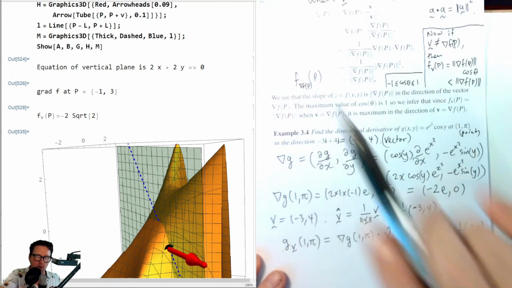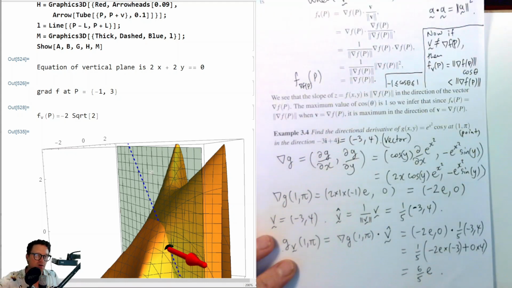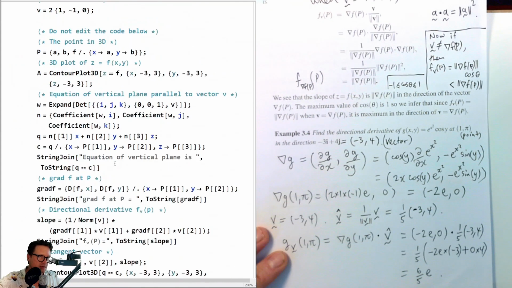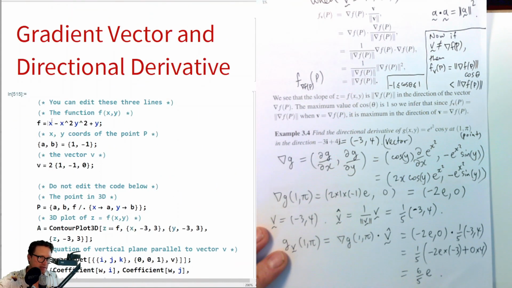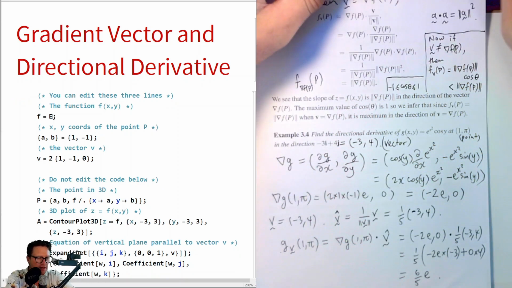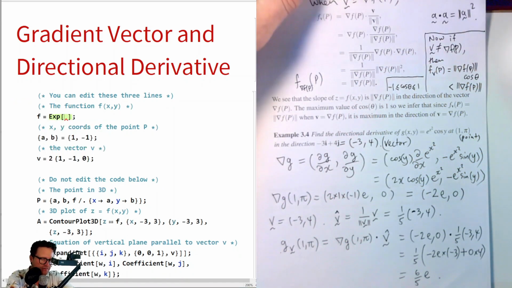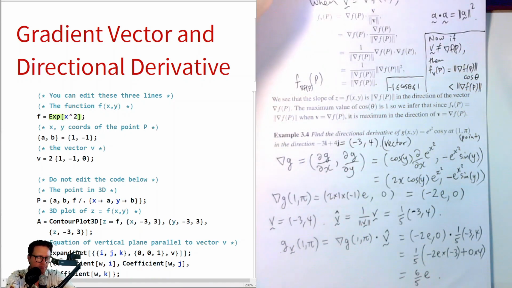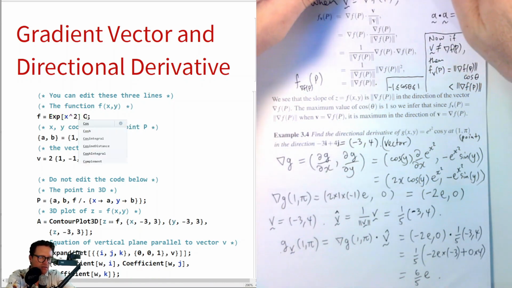You know, analogous to what we have here. In fact, why don't we try our luck changing this and see what this tells us? So if I enter that function, so we have exp for e to the power of x squared multiplied by cosine of y.